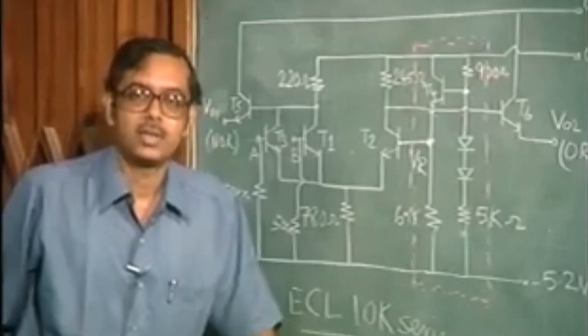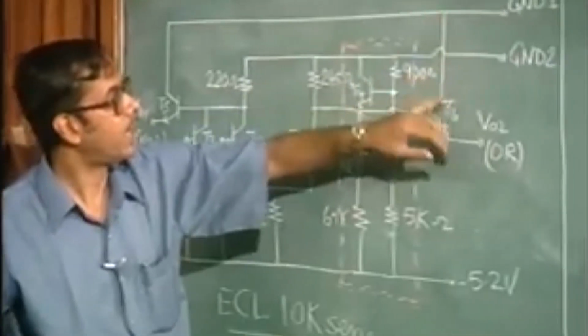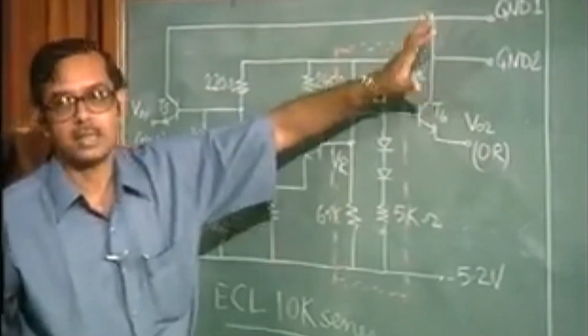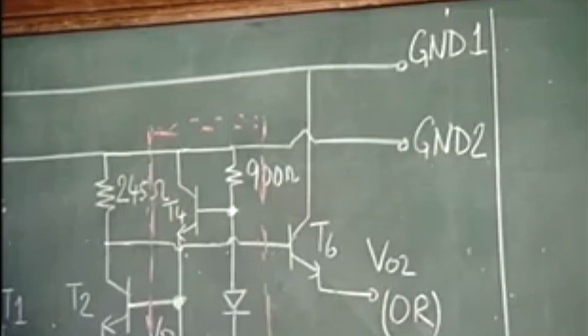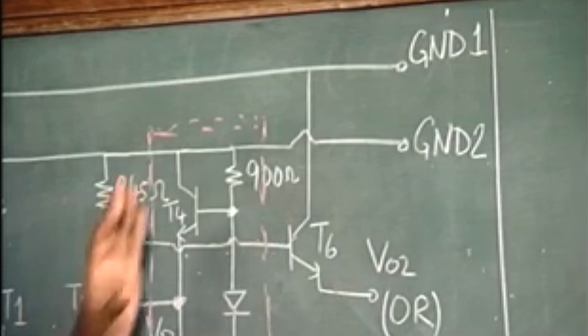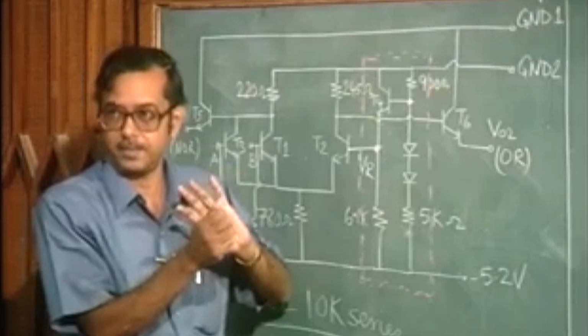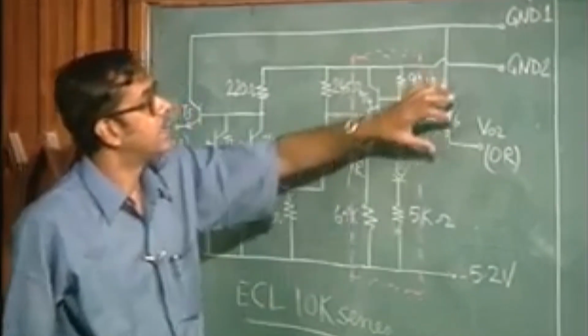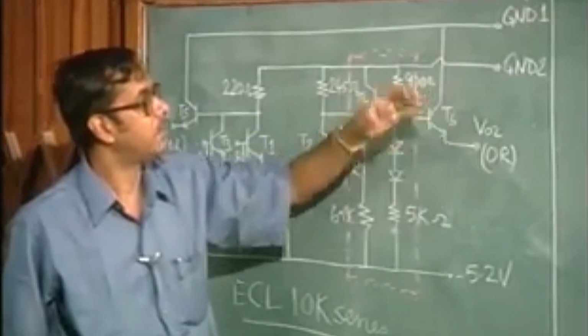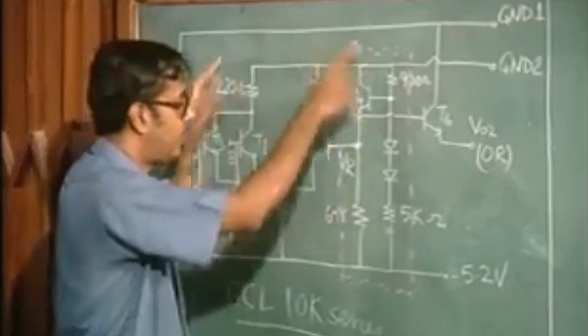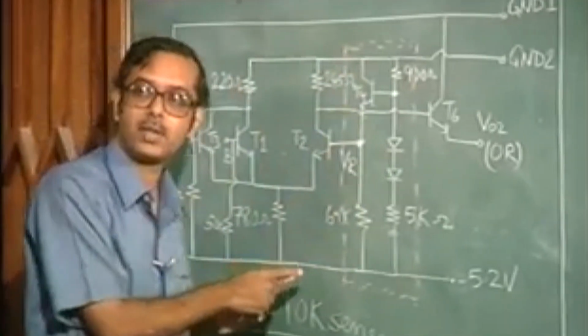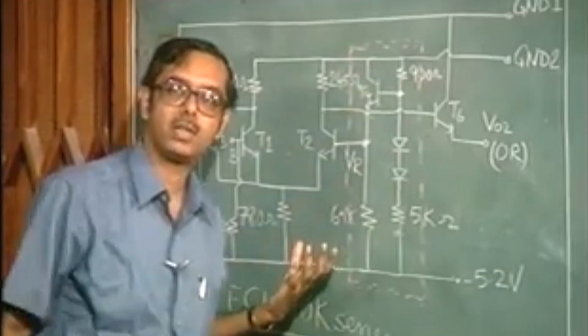So this ground 1 is considered to be the noisy ground, and ground 2 is considered to be the clean ground. Basically the 2 grounds are separated so that the effect of any variations in power supply voltage is not felt in this part of the circuit, which is actually carrying out the logic.